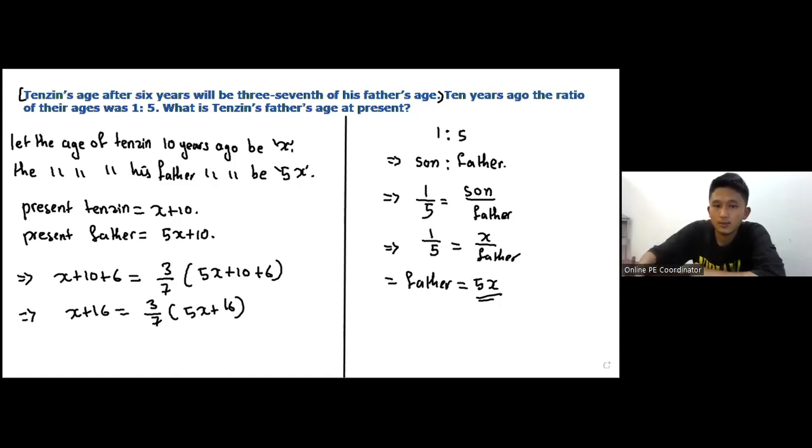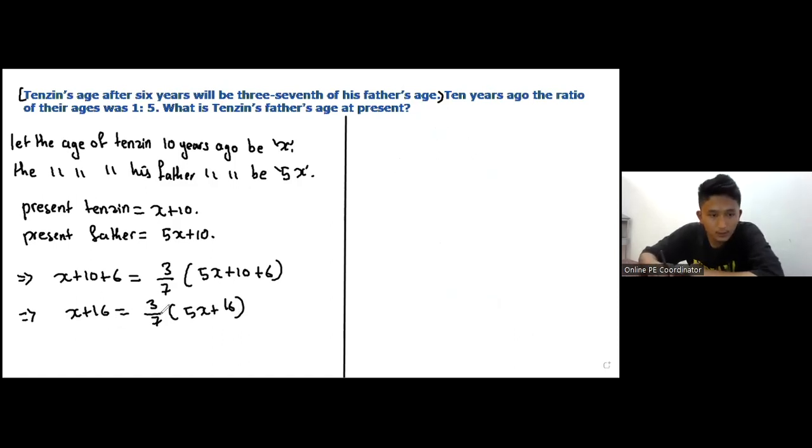So I'm going to erase this. x plus 16 is equal to 3/7 of (5x plus 16). Now solve this equation. Bring this 7 to the other side, which gives 7 times (x plus 16) is equal to 3 times (5x plus 16).